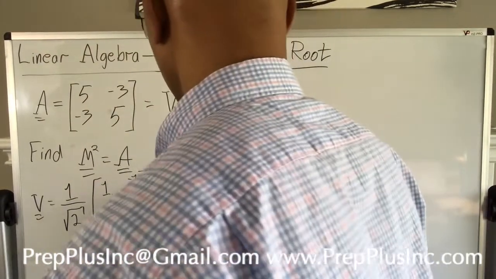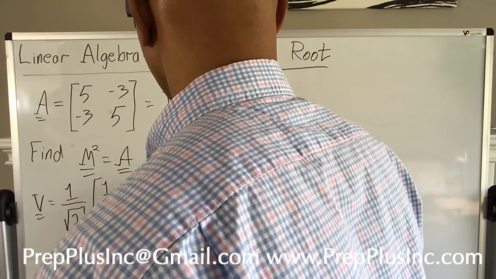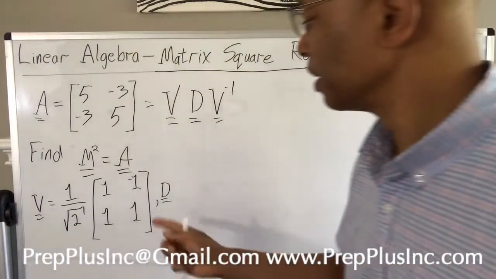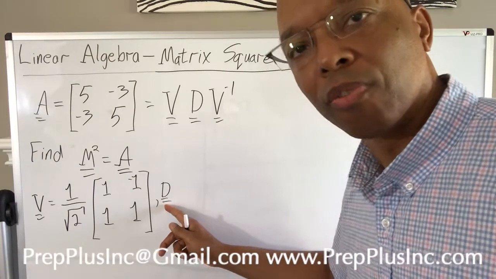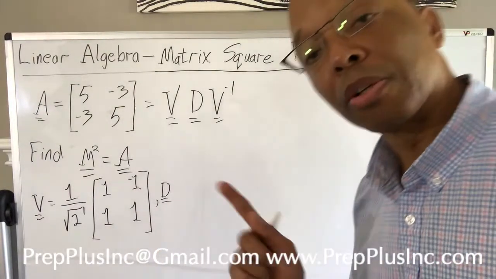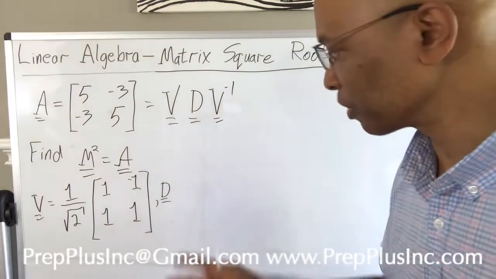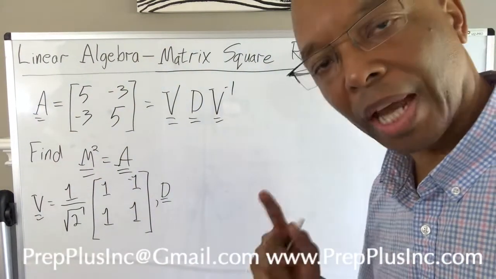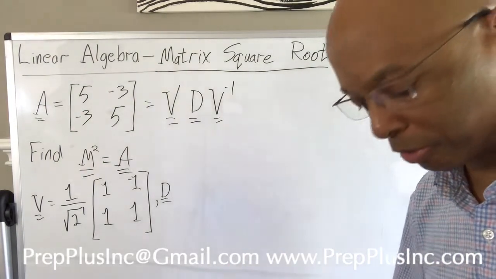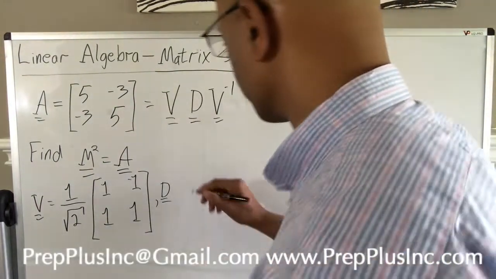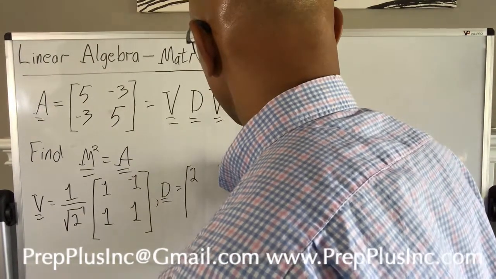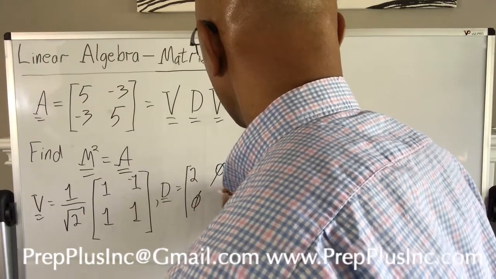And then the D matrix, recall that I use the notation double underscore to denote a matrix and a single underscore to denote a vector. This D matrix, the diagonal matrix whose elements are the eigenvalues, is 2, 0, 0, 8.